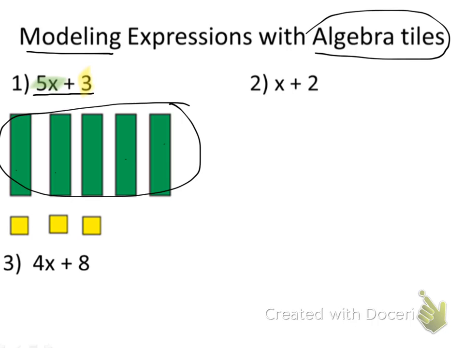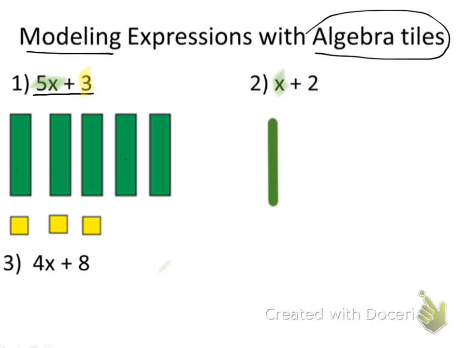The next expression says x plus 2. So we have 1x and then we have 2. We are going to represent that x using a green rectangle. So on your notes, you're going to draw a green rectangle like this. Now I know mine's not a perfect rectangle, but that's the best I could do with the tools I'm given here. So I have 1x and then it says plus 2.